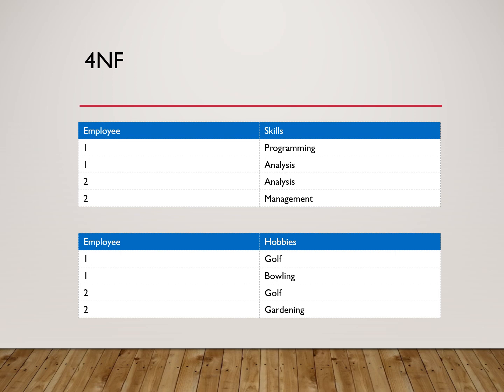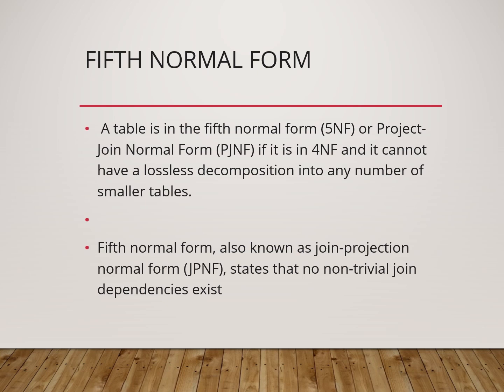The next one is fifth normal form. The table should be in fourth normal form, and only then can we apply fifth normal form. We call fifth normal form project-join normal form, and it cannot have a lossless decomposition. Here we split into as many smaller tables as possible.